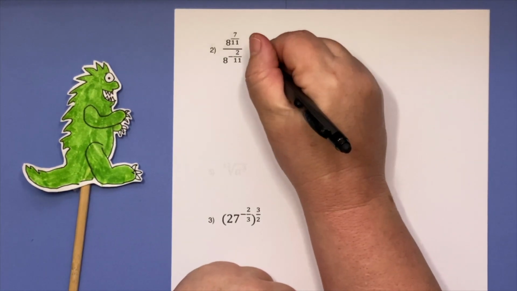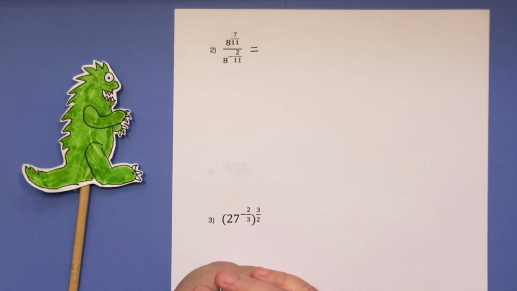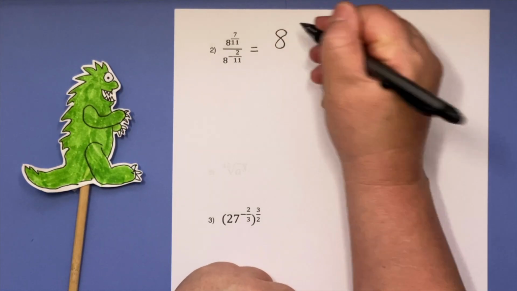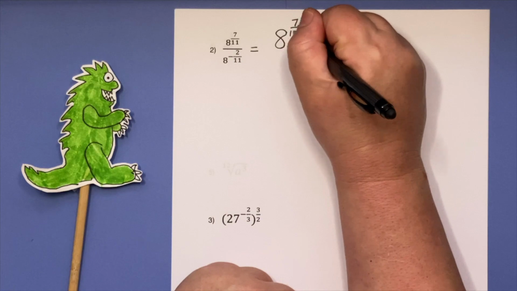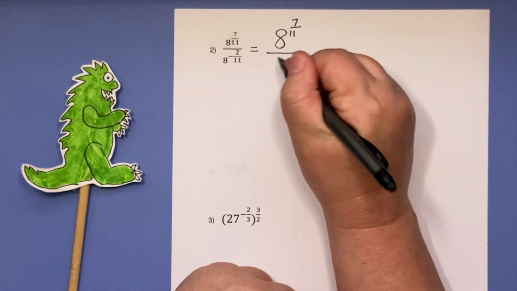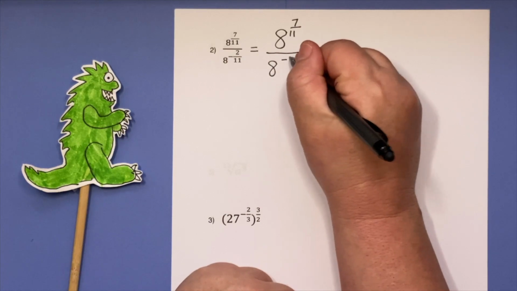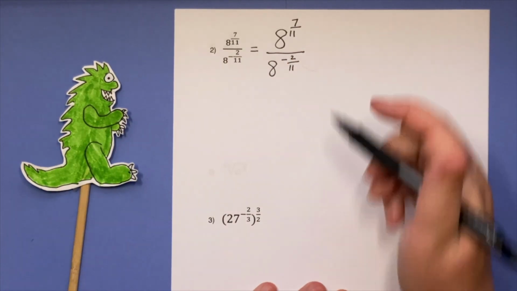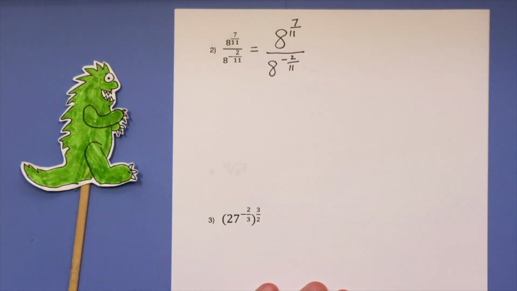So what do we have here? I'm going to write this one a little bit bigger because it's kind of hard to read. You've got 8, which is the base, raised to the 7/11ths, all over 8 raised to the -2/11ths. Now, we're happy because the two bases match. And if the two bases match, that means we're able to combine them.